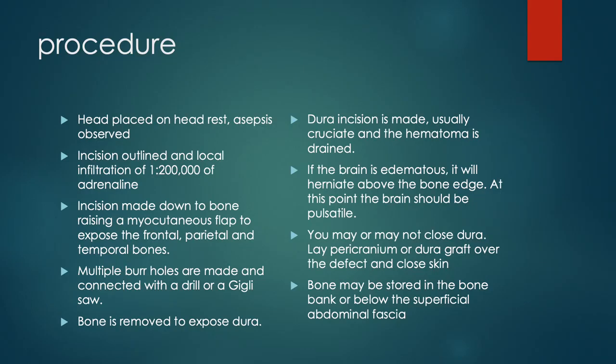So bone may be stored in a bone bank if you have one, but otherwise we usually make an abdominal incision and then store this bone in the superficial abdominal fascia. So later, probably after 3 months, 6 months, 1 year, we come back and open up both incisions, and then get this bone and replace it back, a procedure that we call cranioplasty.